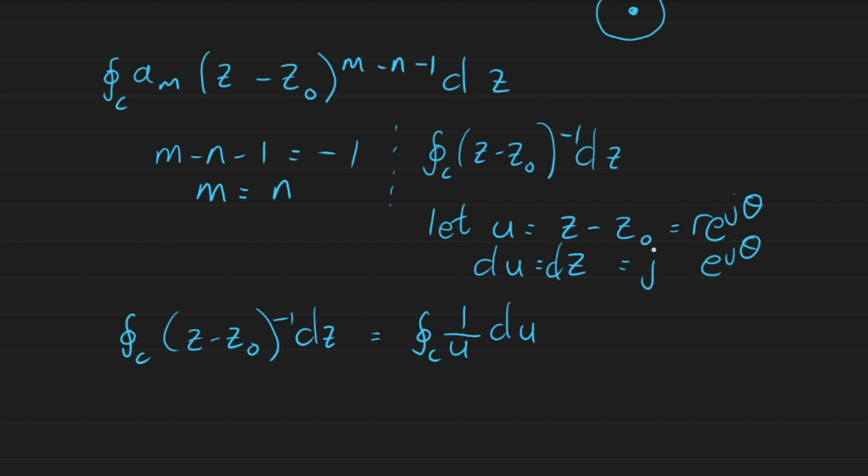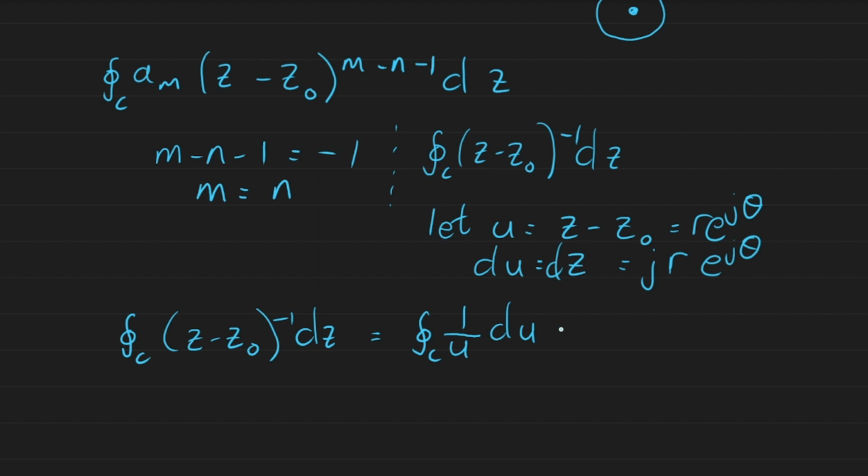We're going to have jr. Just to repeat: the derivative of re^(jθ) gives e^(jθ), and the derivative of the inside function is j, so we multiply by the outside using the chain rule.